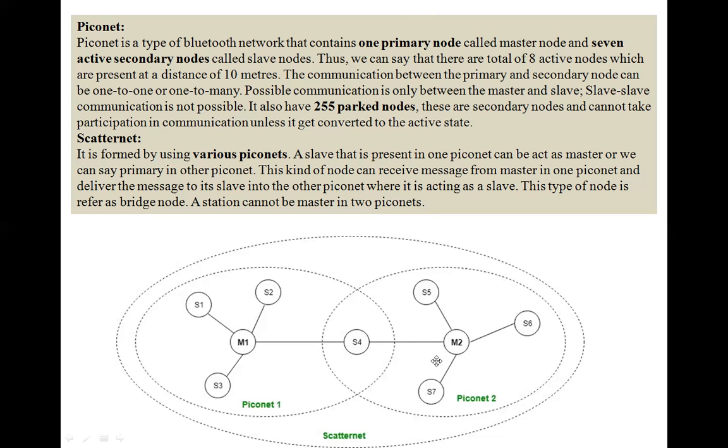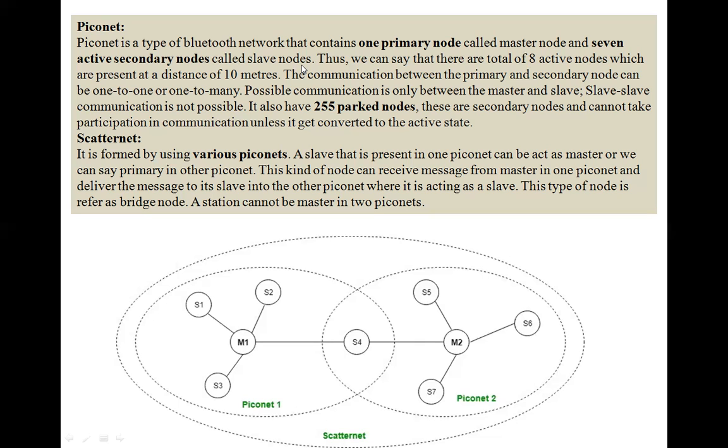Now see what exactly a piconet means. A piconet is a type of Bluetooth network that contains one primary node, called the master node, and seven active secondary nodes, called slave nodes.